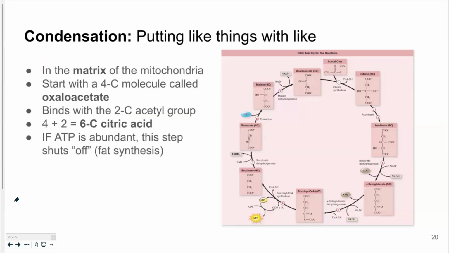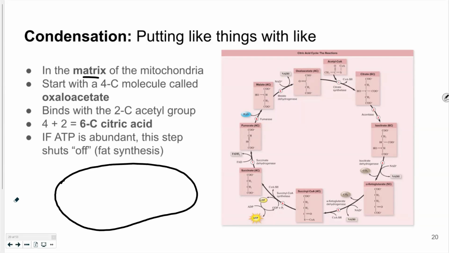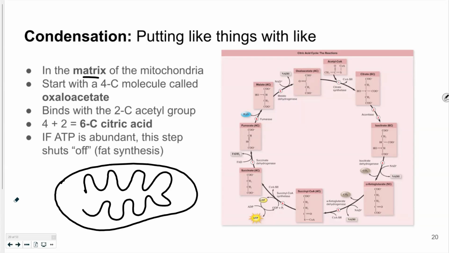The citric acid cycle takes place in the matrix of the mitochondria. So if here's my mitochondria, the citric acid cycle is taking place inside of the inner membrane, which is called the matrix.